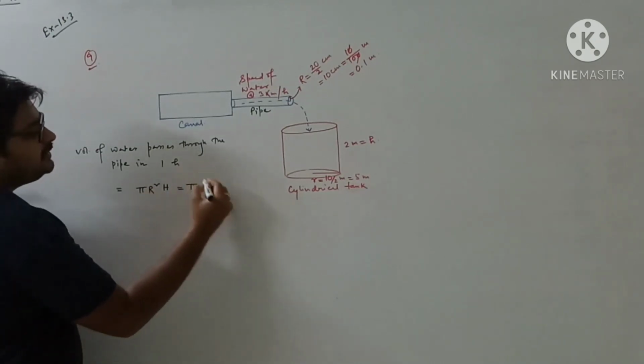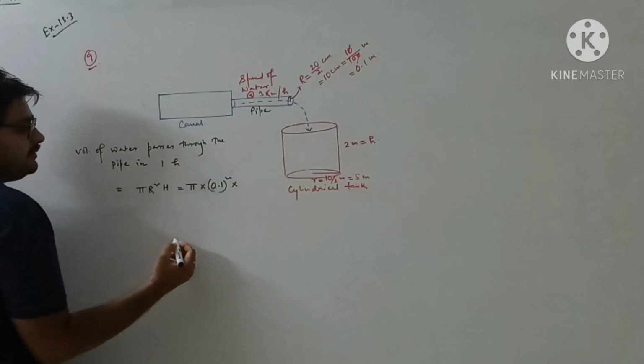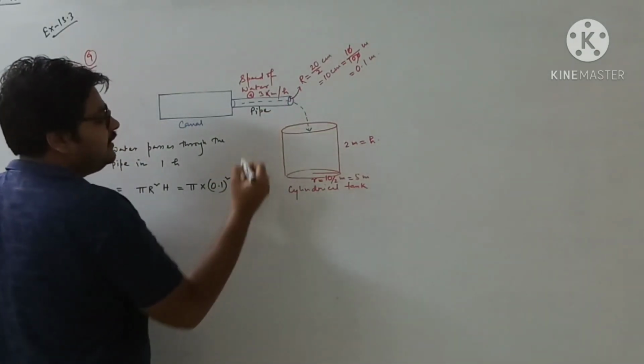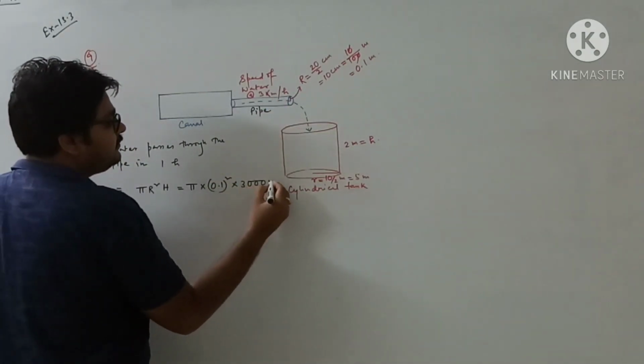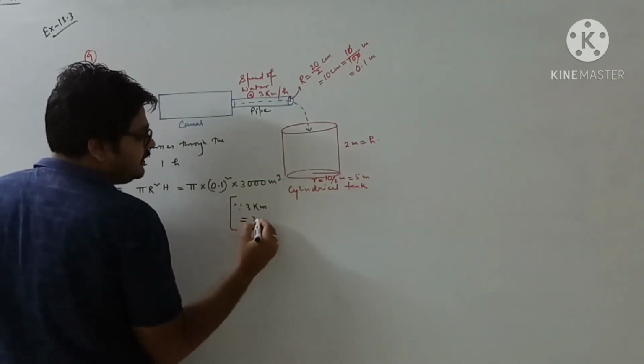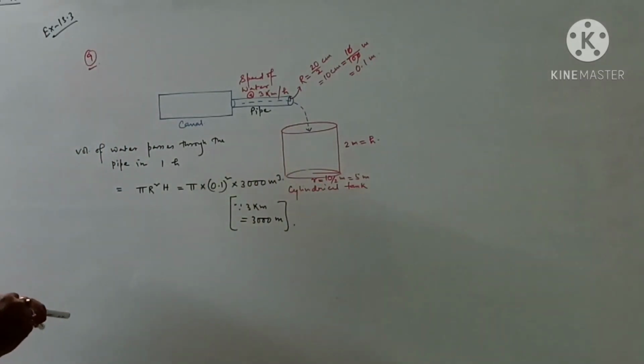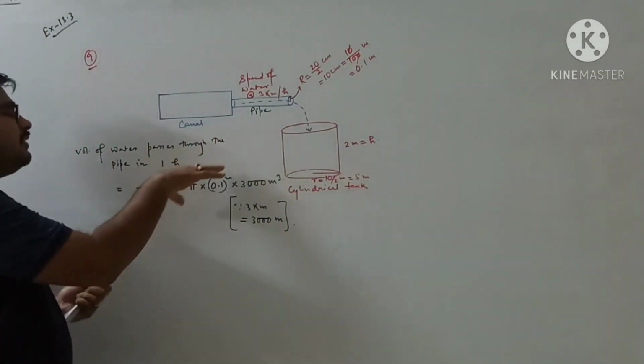R square means 0.1 whole square. H is 3 kilometer. Correct? It is 3 kilometer, so you have to change to meter. Since 3 kilometer equals 3000 meter. Because everything is in meter. So this much water is passing through the pipe in 1 hour.